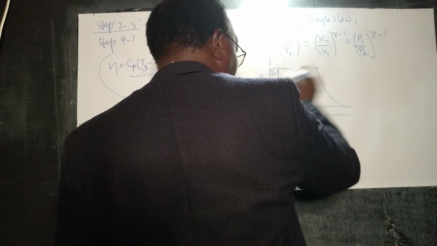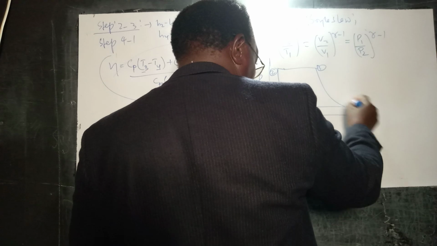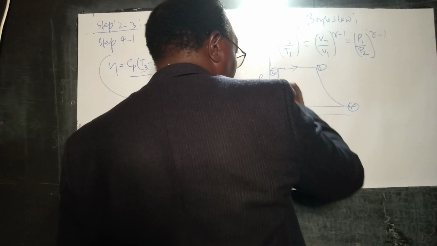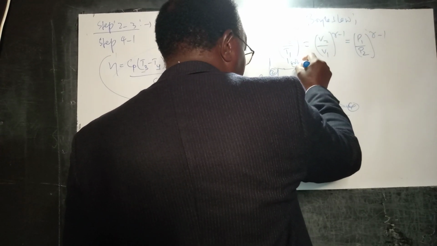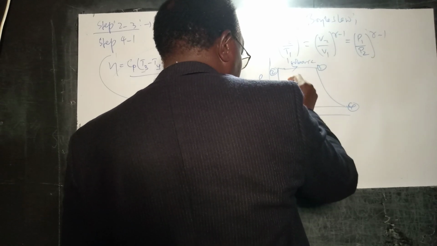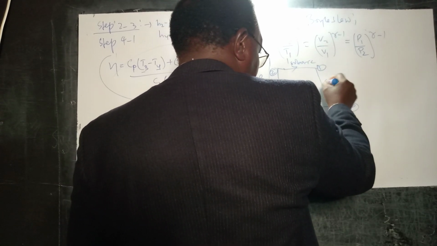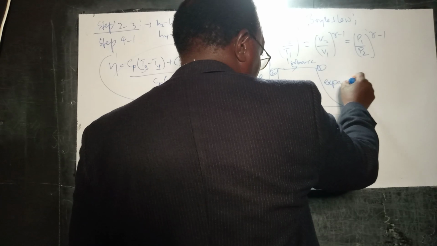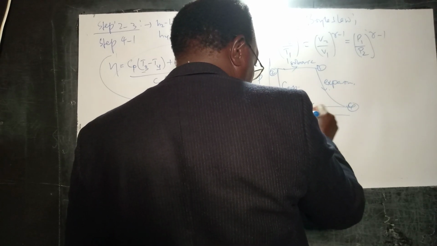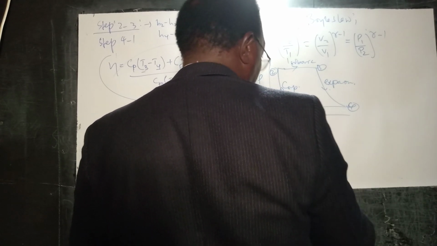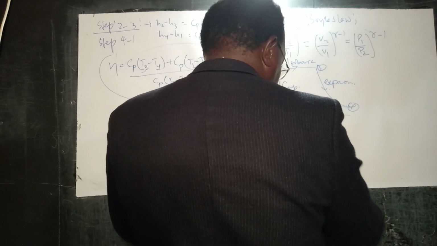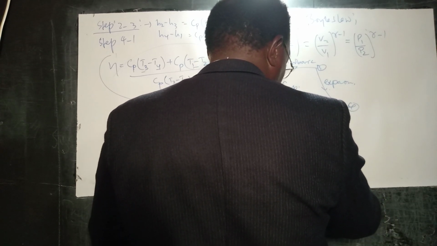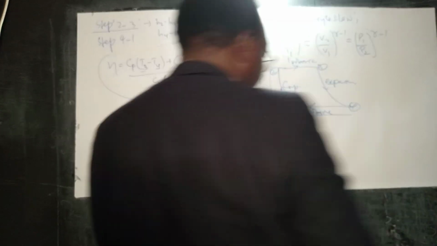State point 1, state point 2, state point 3, state point 4: 1 to 2 compression, 2 to 3 this is isobaric, this is expansion, 3 to 4, and this is isobaric.